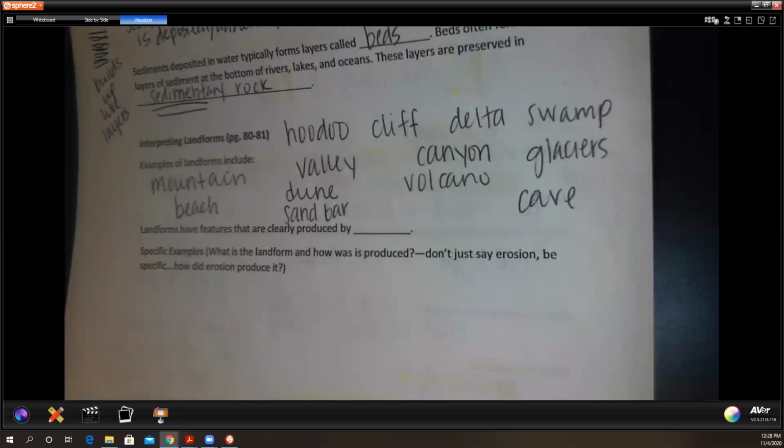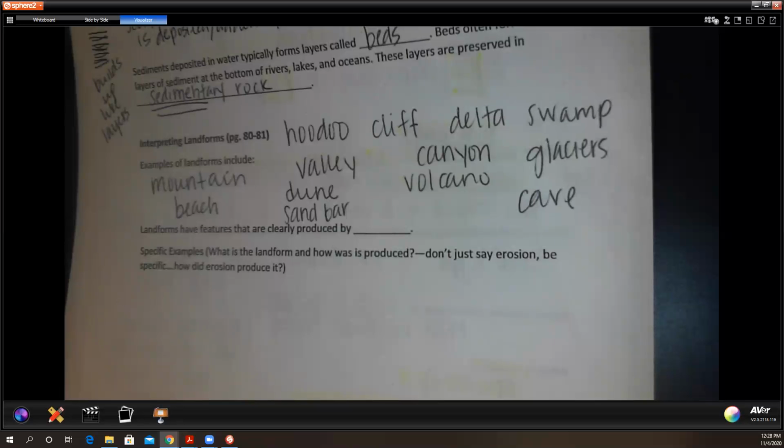They're not built by the earth. What if a tree falls and blocks off the flow? We're talking about what the earth has naturally done on its own. What about a waterfall? Brian, a desert? Yes, but it's also a biome too. All right. Peninsula.